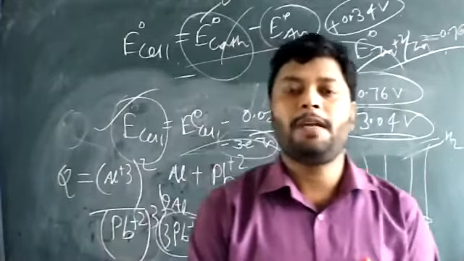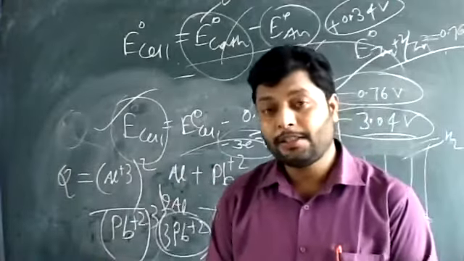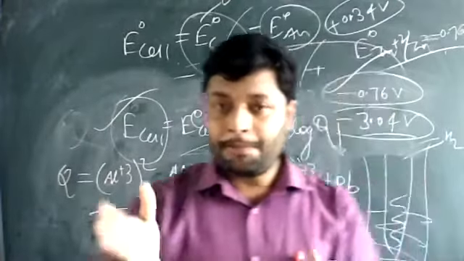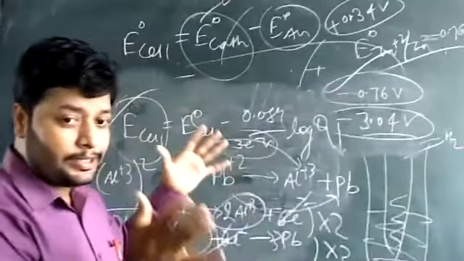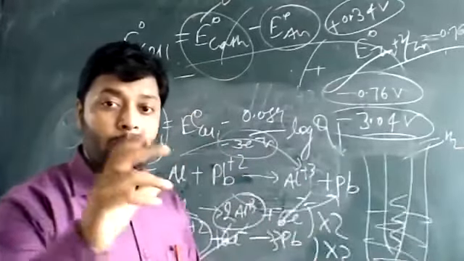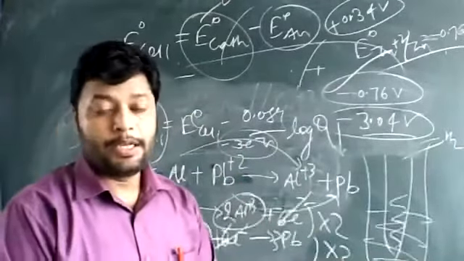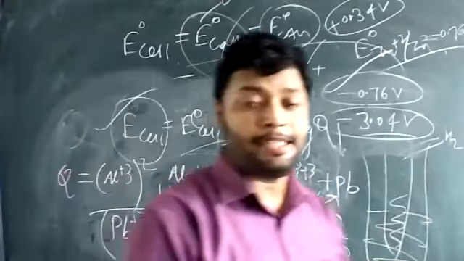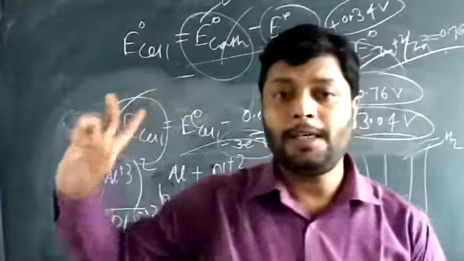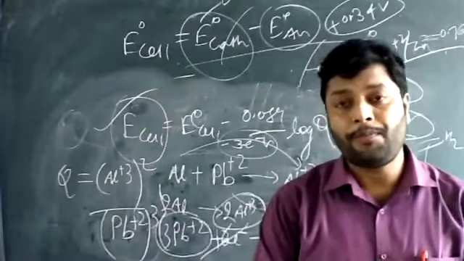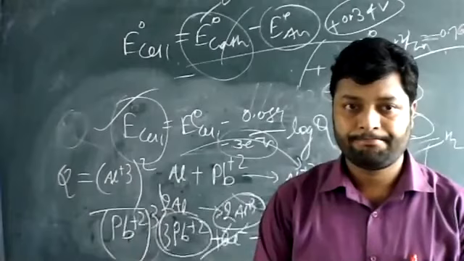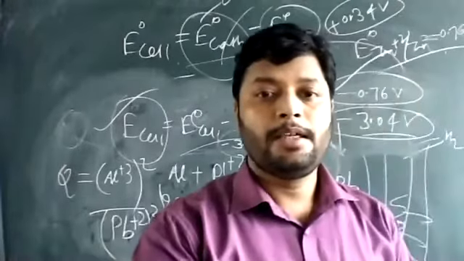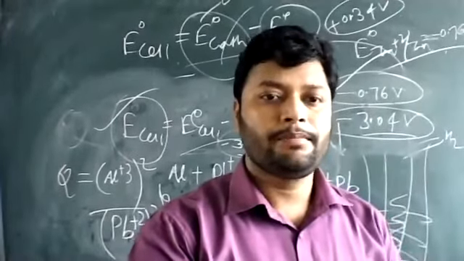So we'll explain the things in the next lecture. First, try to learn this half of the portion and try to solve some numericals based on the Nernst equation, electrochemical series, and standard potential, and then go for the Faraday's law concept. Okay, so let's continue in the next lecture.